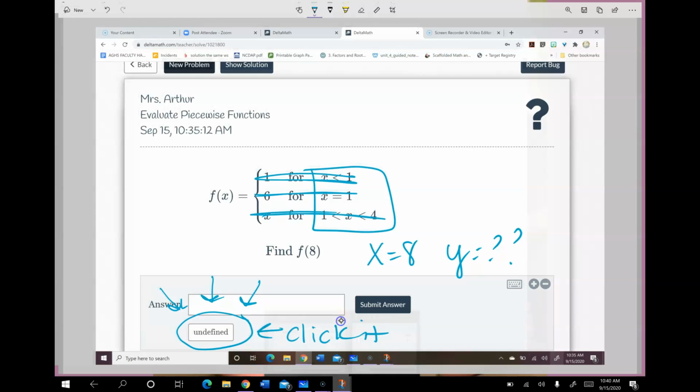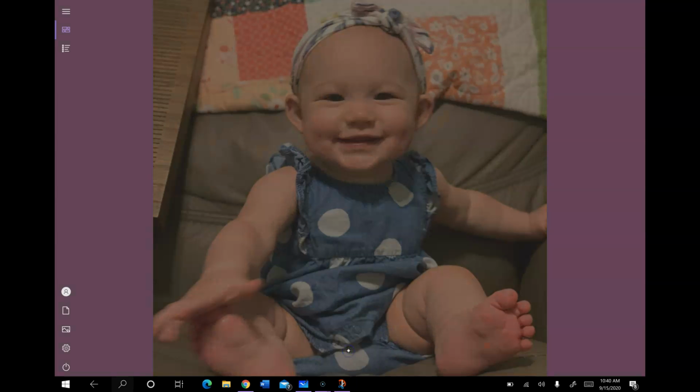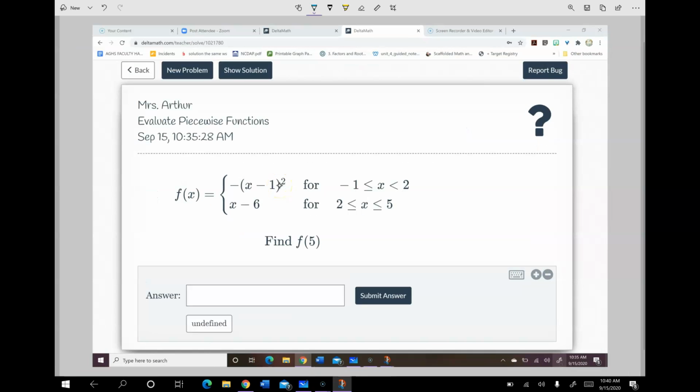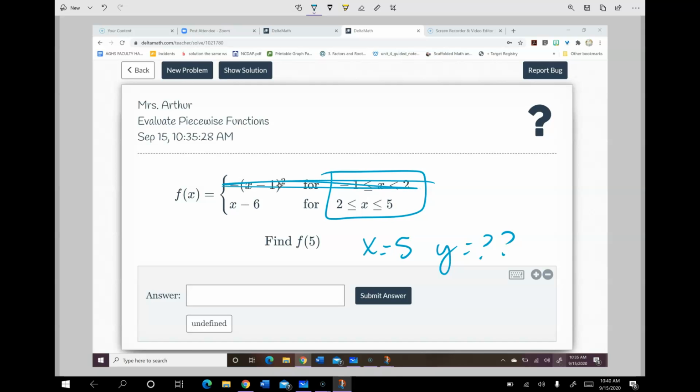All right. So this one, I've got to use this. This is saying when x equals 5, what is y? Is 5 in between -1 and 2? Nope. Is 5 in between 2 and 5? Yeah, because see how it can equal it? So this is what I plug 5 into.